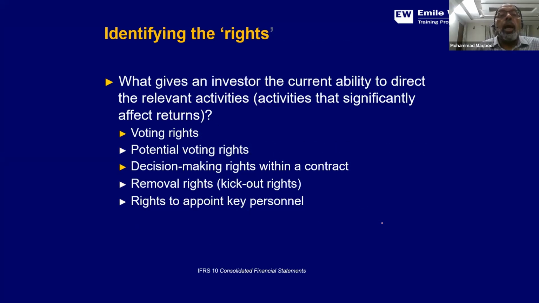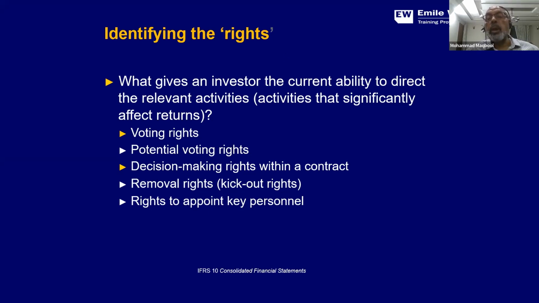And then we also look at what gives an investor the current ability to direct the relevant activity. The following things give an entity the ability to direct the relevant activity of the investee company: one is the voting rights, and the other is potential voting rights.